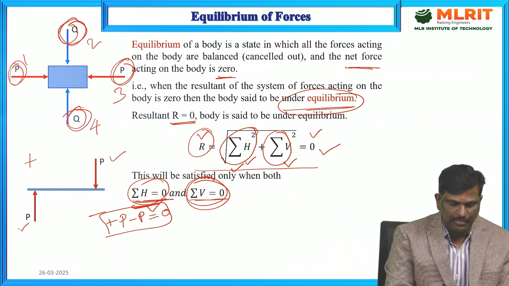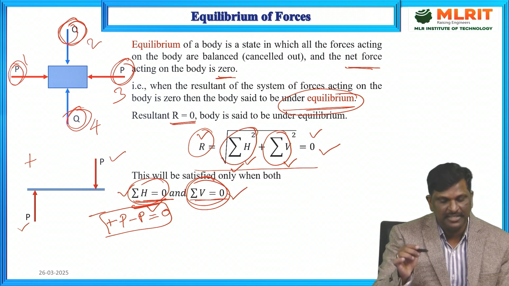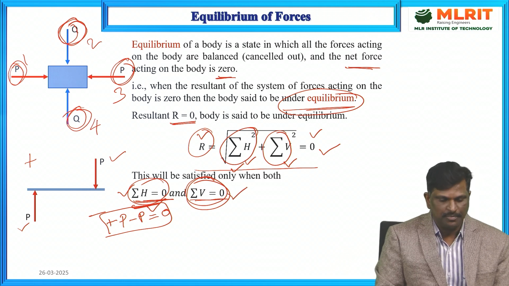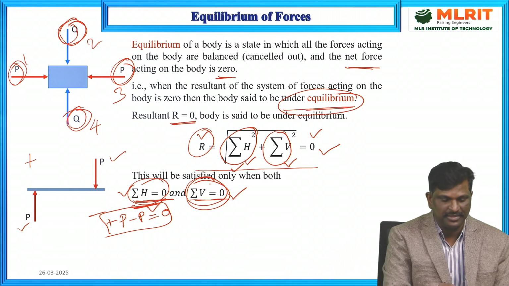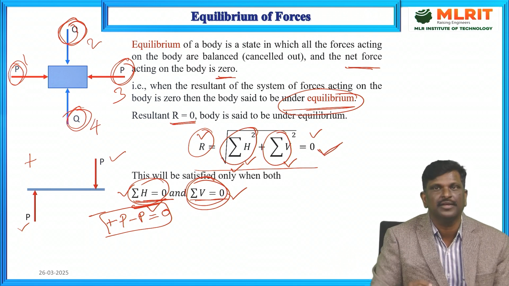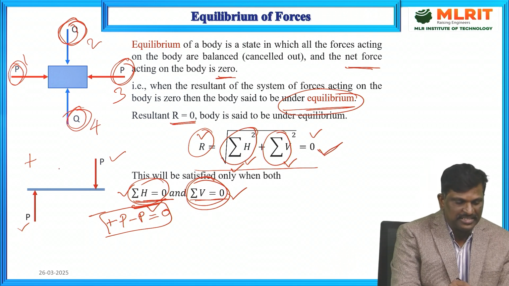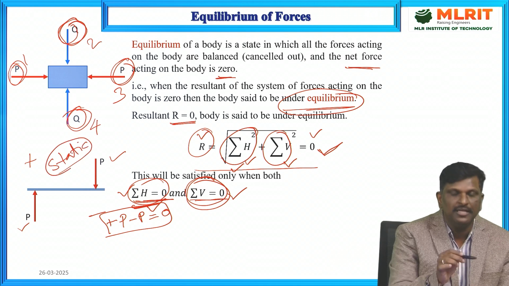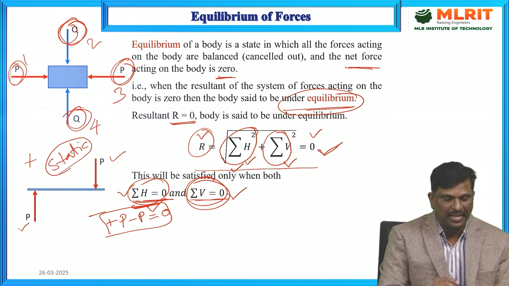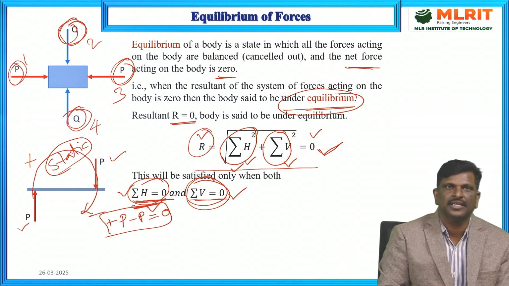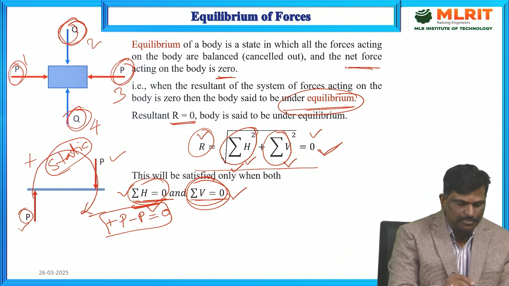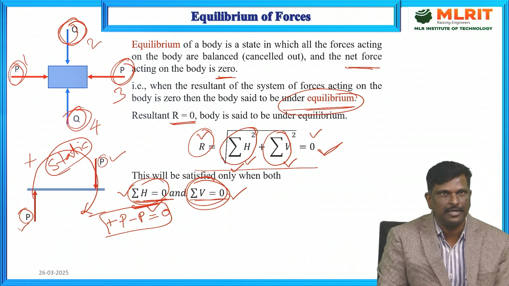Here ΣH is 0 and ΣV is also 0. That means both the equations are satisfied. Here the resultant of forces is 0. Still the body is not under static equilibrium condition because the body is under the action of a couple. Here these two forces P and P, which are parallel and equal, form a couple.